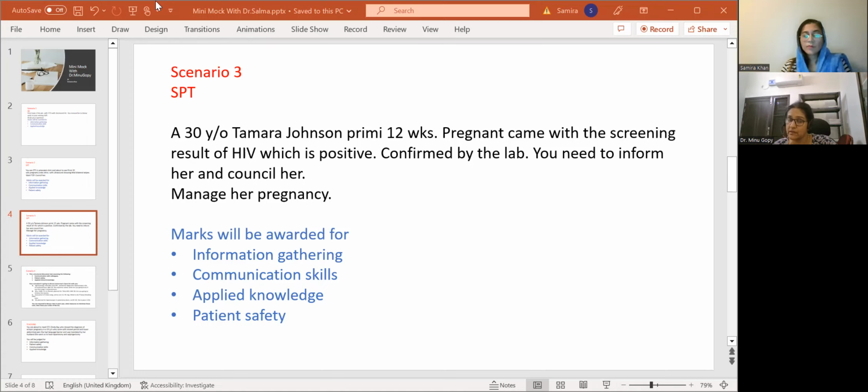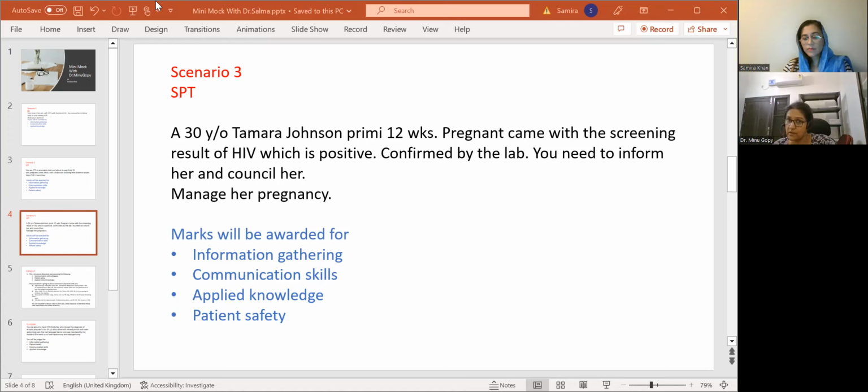Tamara, there is very good treatment available for this condition, which we call highly active retroviral therapy. The drugs that we use are safe in pregnancy, and if you start early in pregnancy, then the chances that the baby could get infected from the mother become very less.